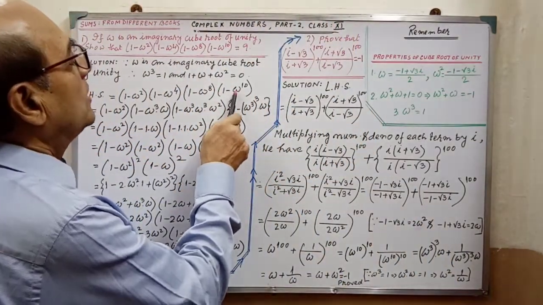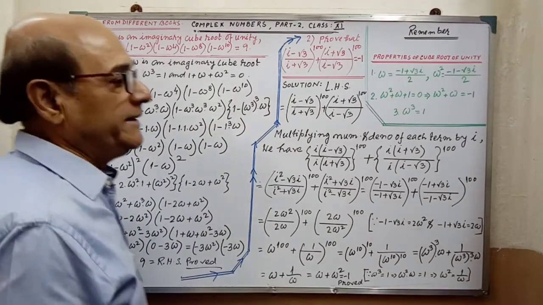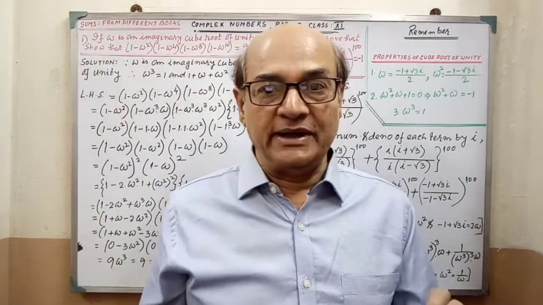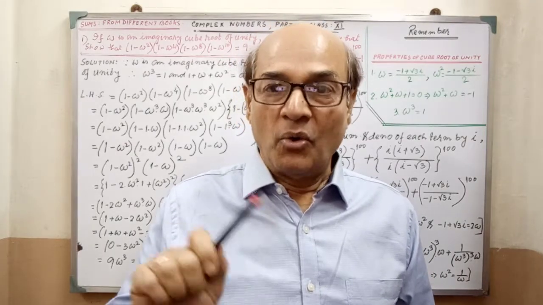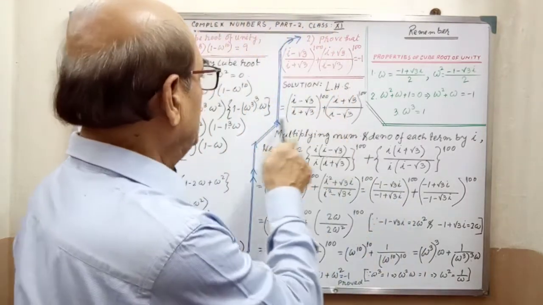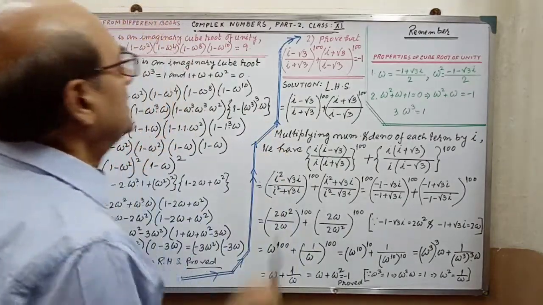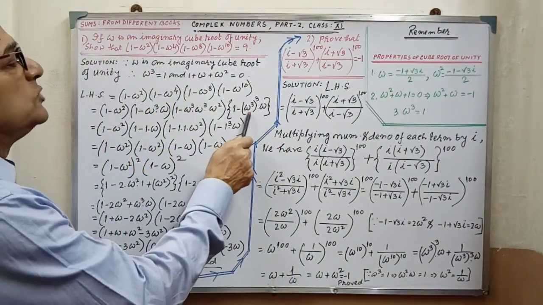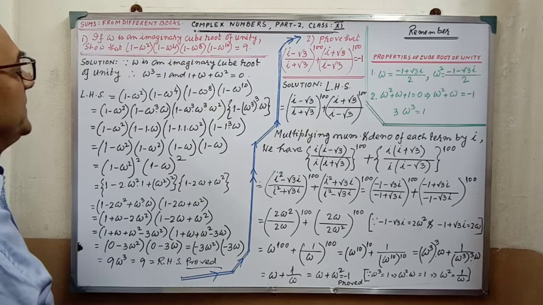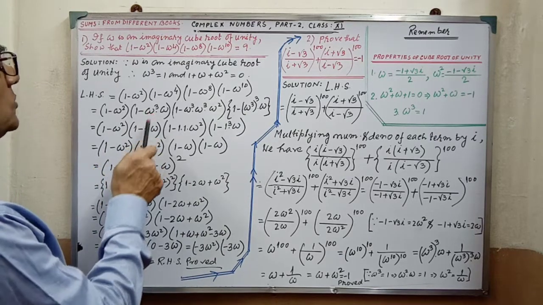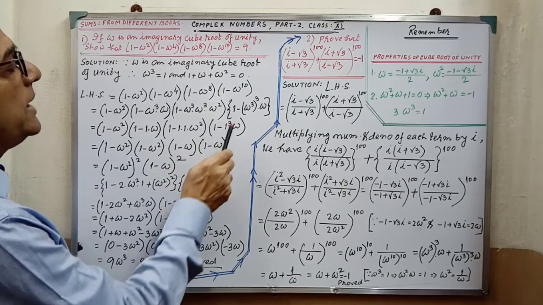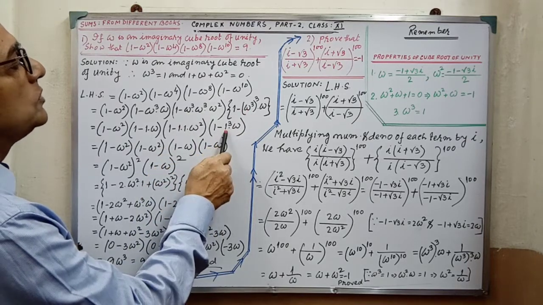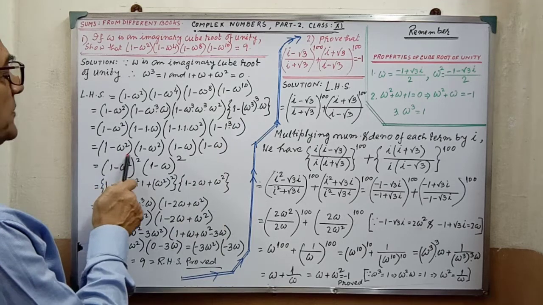And omega to the power 10, we may write as omega cube whole to the power 3 into omega. This line is vital, you have to understand clearly. Then we have omega cube, that is 1, and omega cube cube into omega. Then we have to simplify.